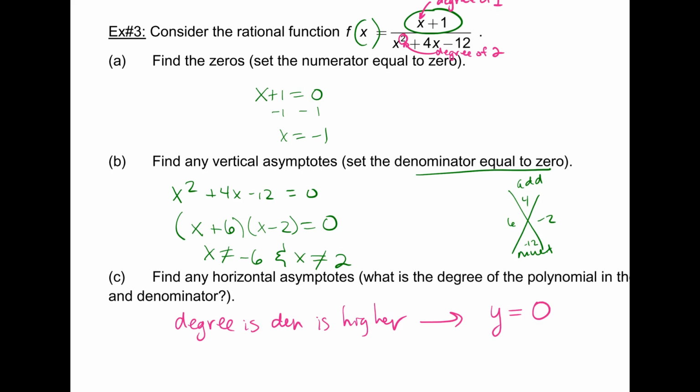Either the degrees are the same, and you take the ratio of the coefficients, literally you cross out your x's and you'll just have the coefficients. Or the degree on bottom will be higher, and you'll have a horizontal asymptote at y equals 0. Those are the only 2 cases I'm giving you.